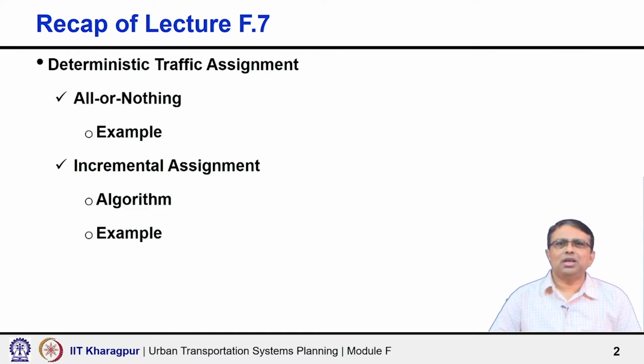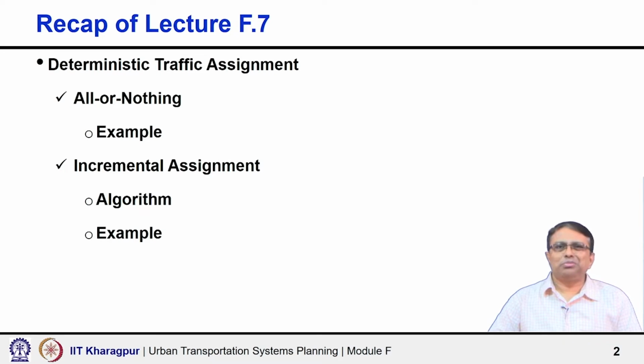One is all or nothing assignment, and we also discussed the merits and demerits associated with this technique, why the results might be wrong, and under which conditions or scenarios. We also indicated where it could give reasonably good results, such as an uncongested network, where the capacity constraint is not there, where the demand is very low compared to the available capacity, and even after assignment the shortest path remains the shortest path.